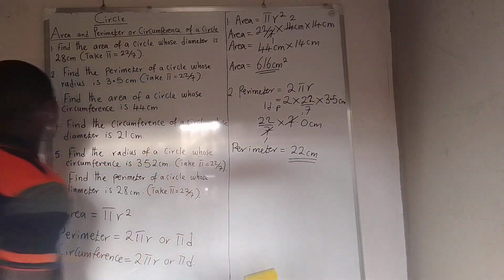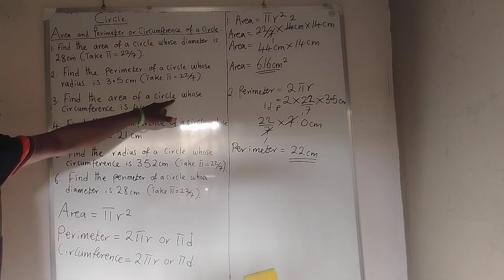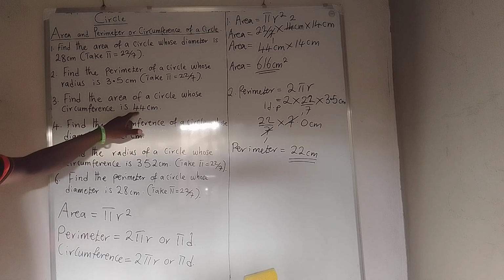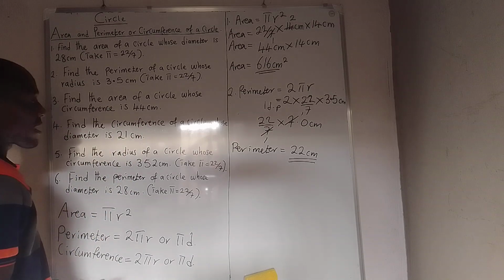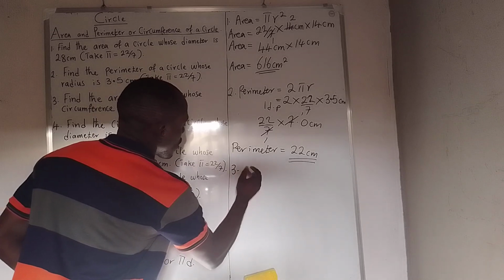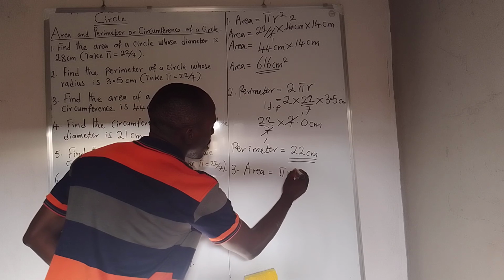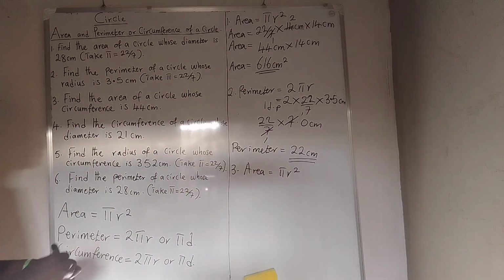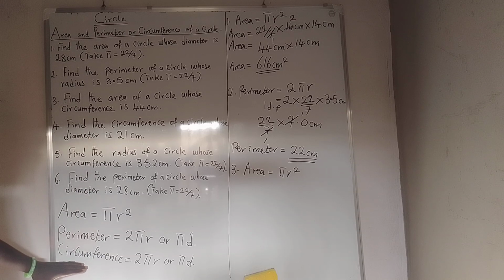Now quickly, let's look at the third question. It says find the area of a circle whose circumference is 44 centimeter. We are asked to find the area of a circle, and we know that area is equal to pi r squared. But if you look at it, we are given the circumference of the circle, and circumference is the same thing as perimeter.